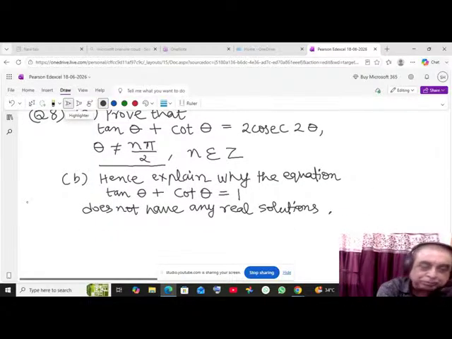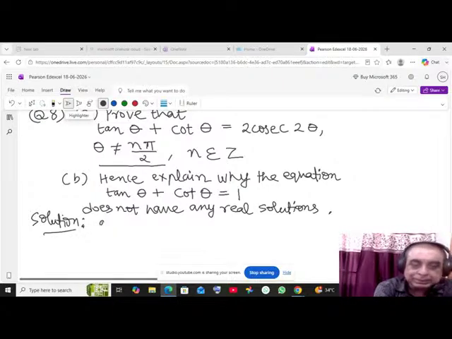So I am doing the first part. What do we have to show in part A?